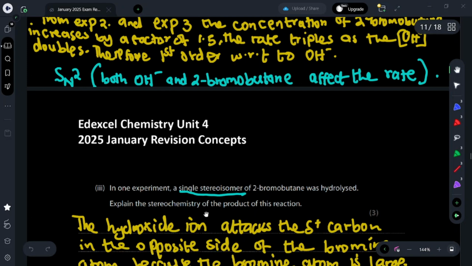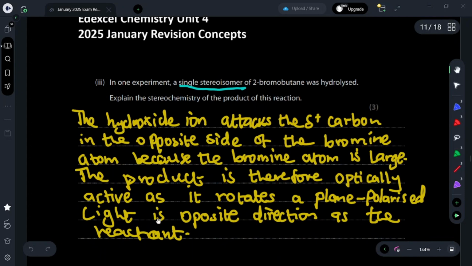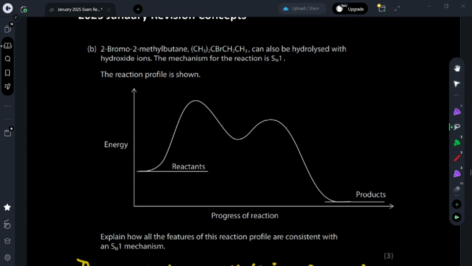That means the hydroxide ion attacks the carbon that is partially positive from the opposite side to the bromine atom, since the bromine atom is large. And that means you're going to have a single product, and this product is going to be optically active because it is able to rotate plane polarised light in the opposite direction to the reactant.